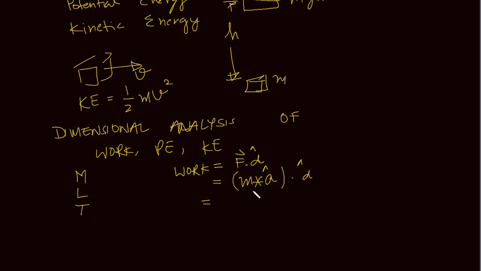So mass is m, acceleration is L t raised to the power minus 2, and we multiply it with displacement L. So this is mass L square t to the minus 2. So this is work.